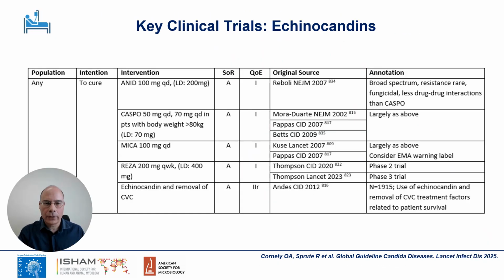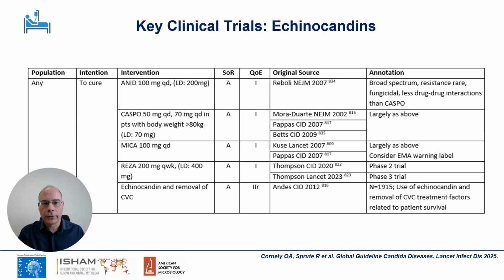The echinocandins are strongly recommended as first-line antifungal drugs for the treatment of invasive candidiasis and Candidaemia, owing to a number of factors. Echinocandins have a broad spectrum of fungicidal activity. Thankfully, even 2 decades after their introduction, resistance is rare among Candida species, although this can be a concern with certain species such as Candida glabrata and Candida auris.